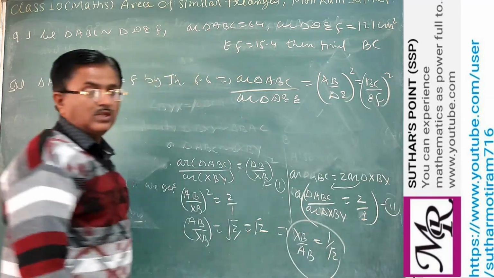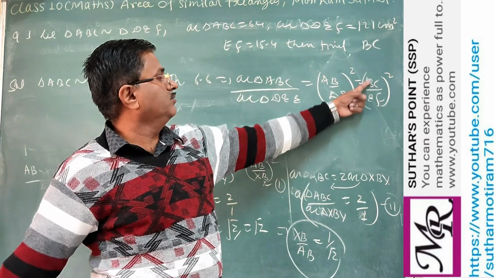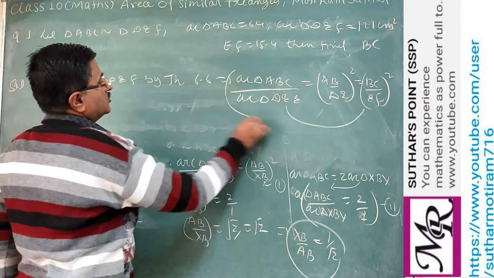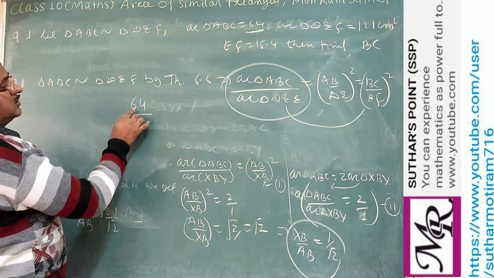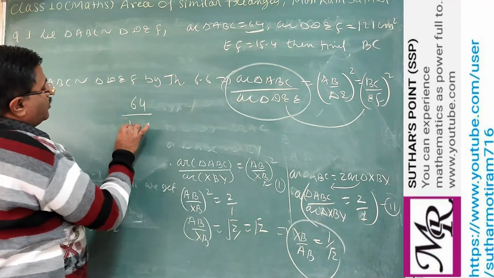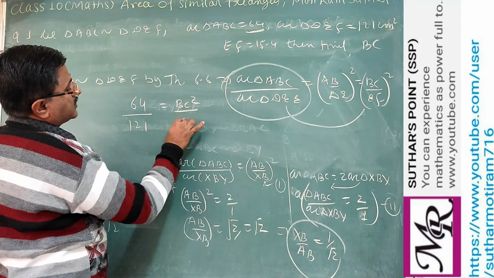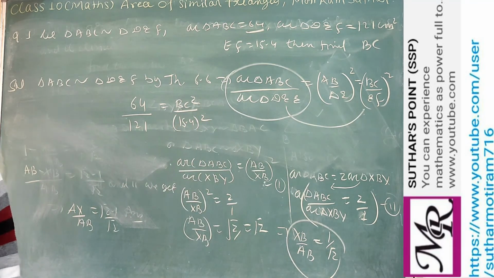We take only these two, as our requirement is EF, which is given, and BC. So area of triangle ABC 64, area of triangle DEF 121, BC square upon EF square. EF is given. Cross multiply and you get the answer.